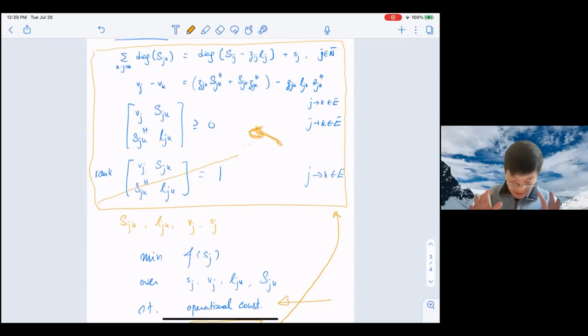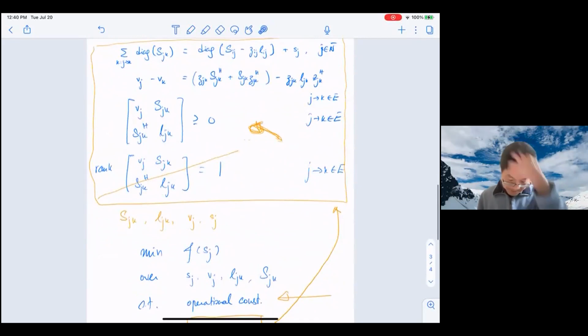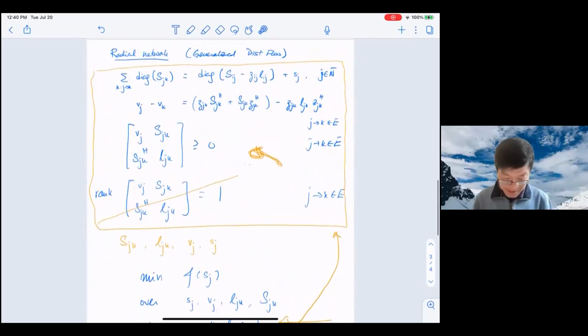Okay, so that's just some mathematical structure on this thing. That's all there is to say about the OPF in three-phase, this generalized DistFlow model.